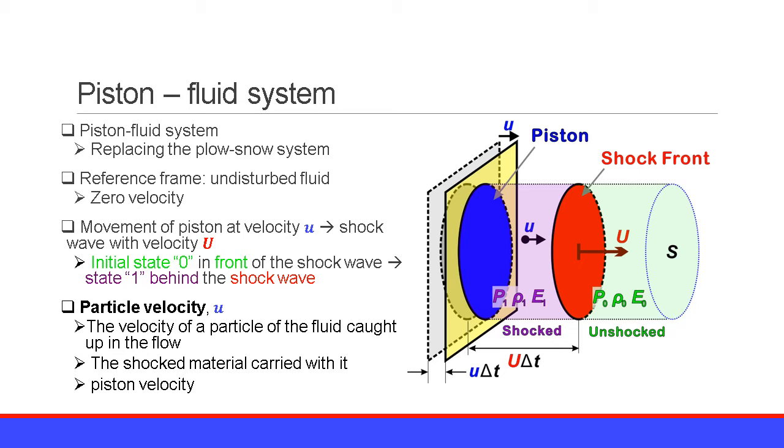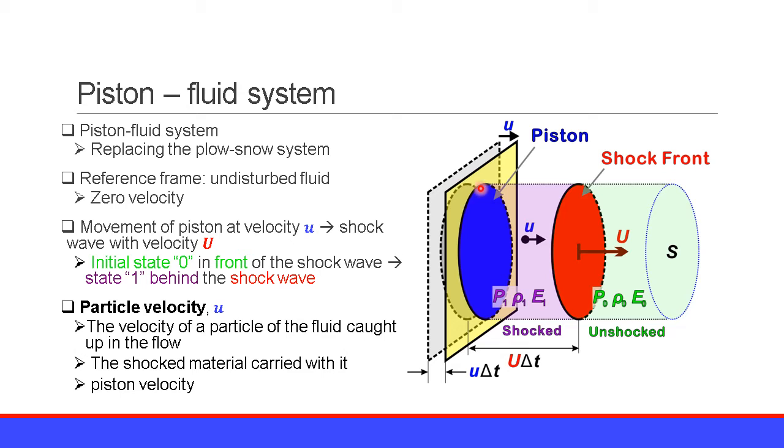Next, let us consider the conservation of the momentum. To consider the conservation of momentum, let us consider the piston fluid system instead of the plow snow system. So this illustration shows the shock wave in the piston fluid system.